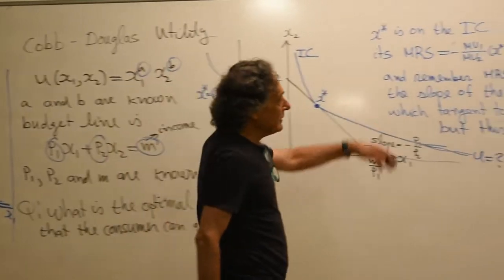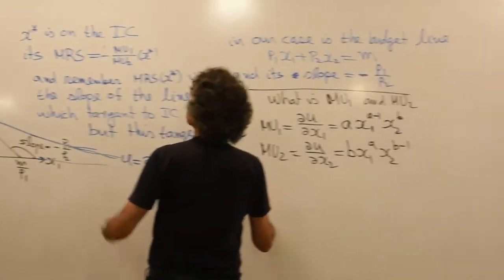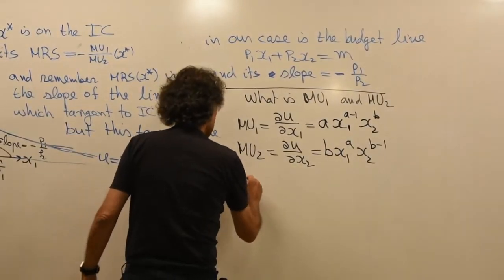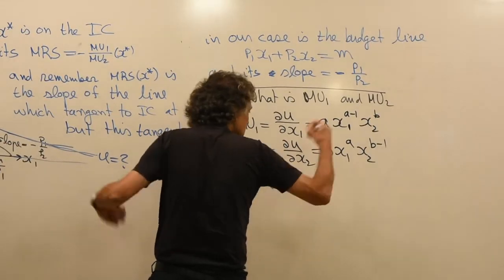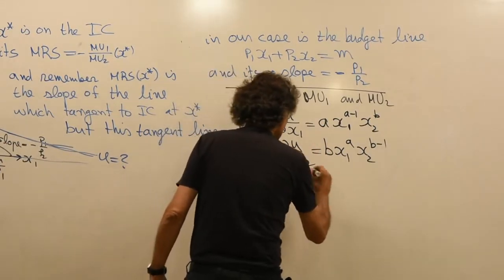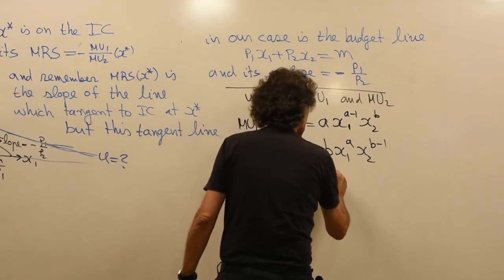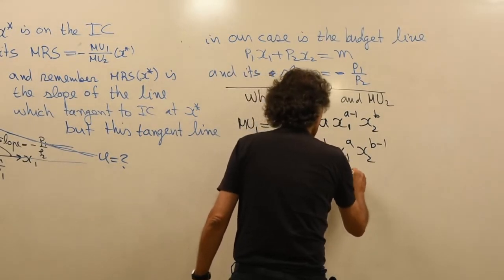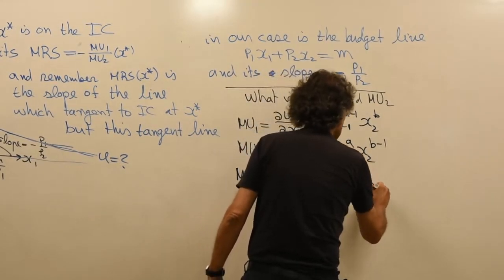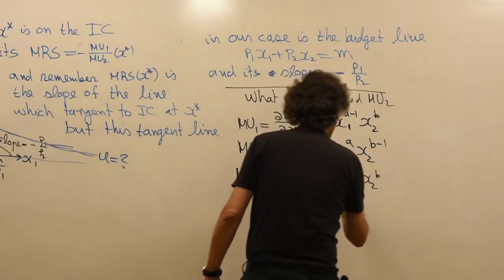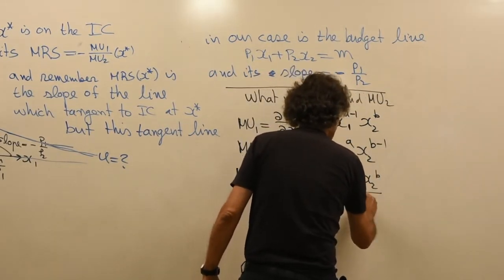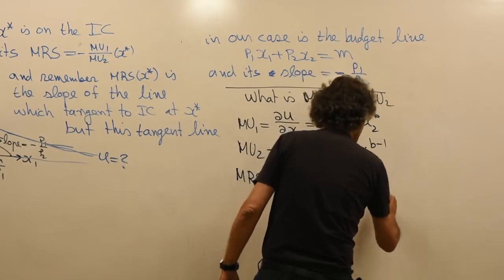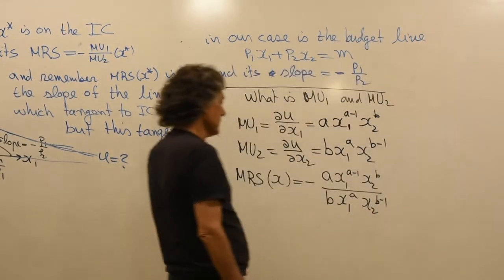Now I have to divide the two, because the MRS at x, in general, is negative the ratio: a x1 to the a minus 1, x2 to the b, divided by b x1 to the a, x2 to the b minus 1.